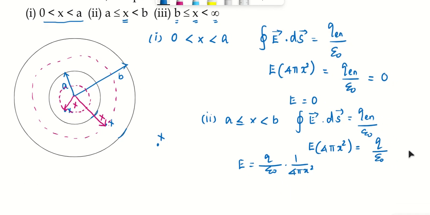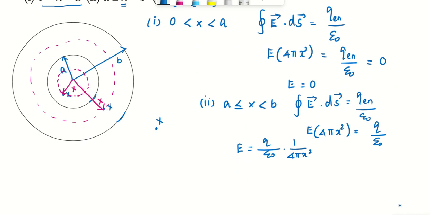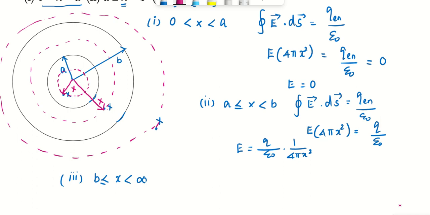Now for the third one, the point X lies outside the two shells, so I have to draw the Gaussian surface like this, and the radius of the Gaussian surface is once again X. Let's write Gauss law once again: the integral of E dot dS equals q enclosed divided by epsilon 0.